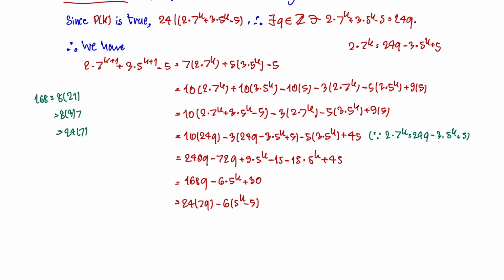Well, if this term has 4 as a factor, so we can factorize 24 out of this term, and then we could show that P of k plus 1 is true. So what I have to do is to try to claim that this term is divisible by 4. So try to plug in k equals 1.